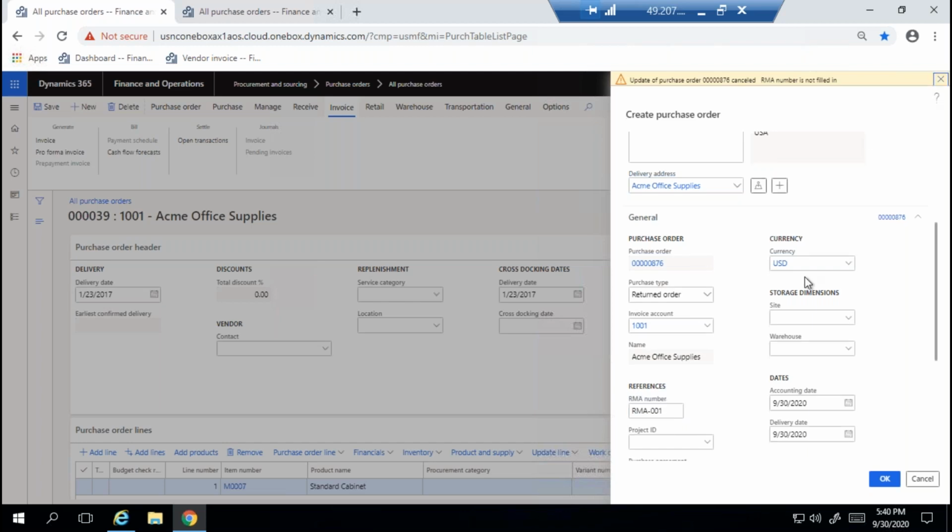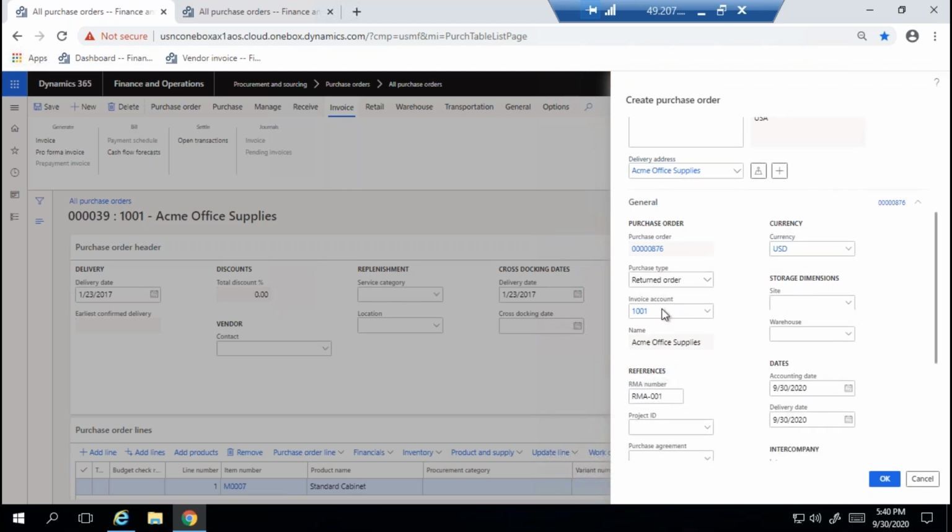That number you need to enter here. For this type of return order, the RMA number is always mandatory. Click OK.